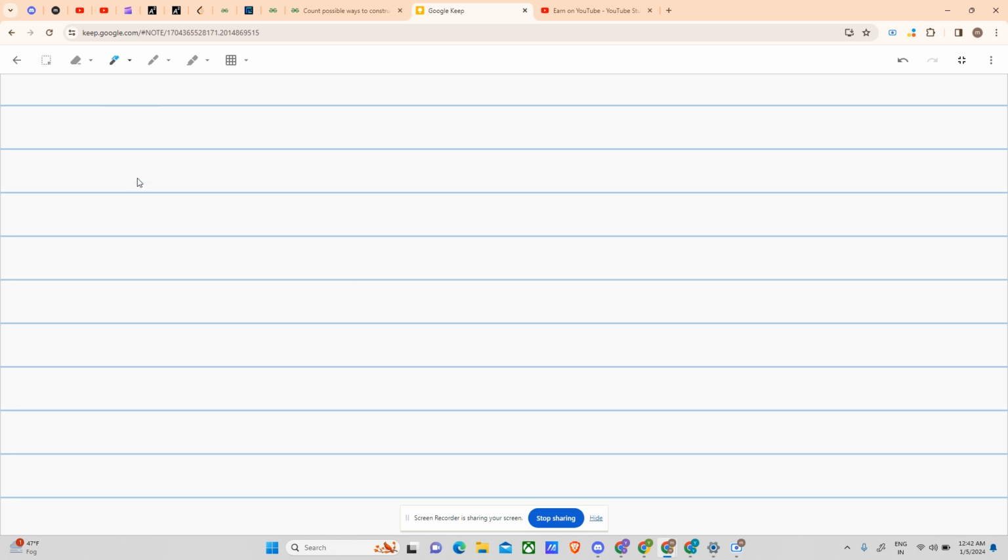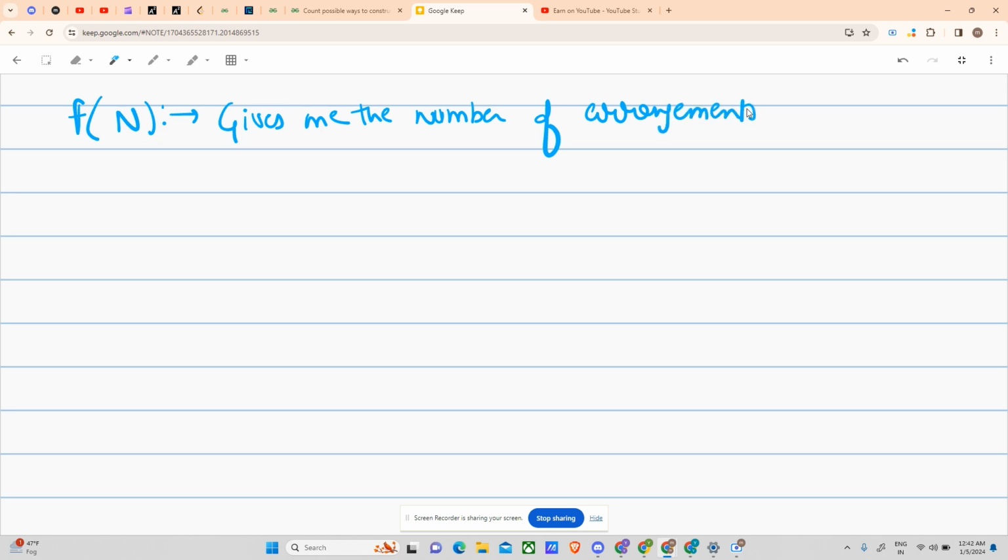For the dynamic programming, I will initiate my function as f of n, which gives me the number of arrangements I can make for n number of plots.